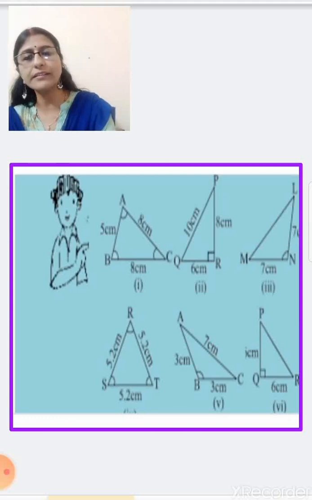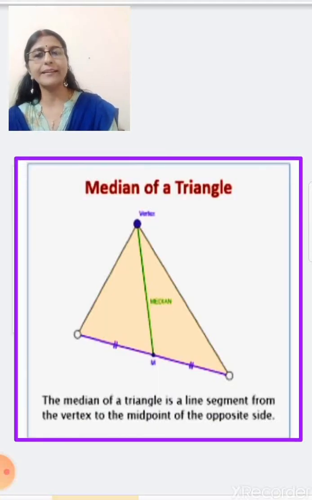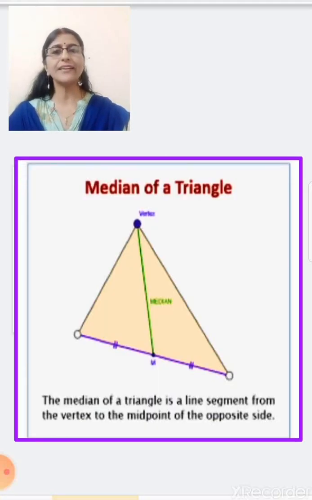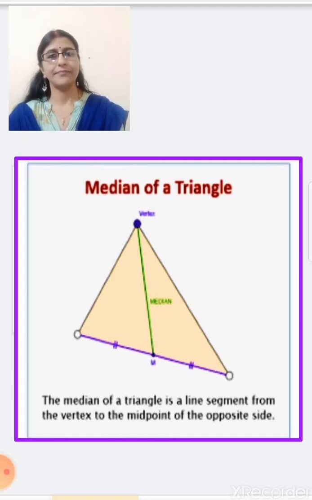Now let us go to the next topic, that is median of a triangle. What is the median of a triangle? You can see here in this figure a median is drawn from the vertex to the opposite side, and how it is drawn and how it is made, all that we will discuss now.